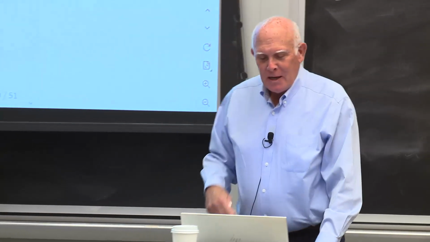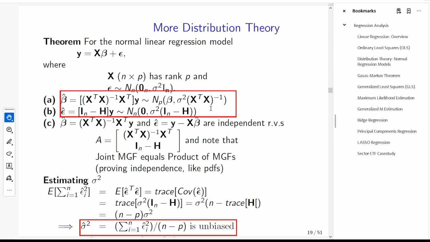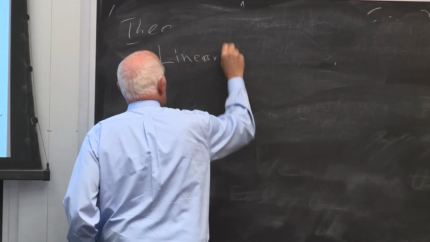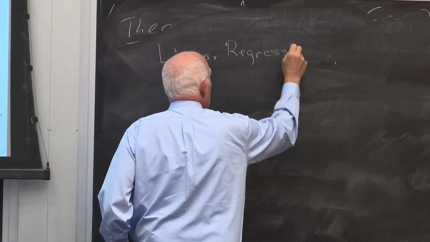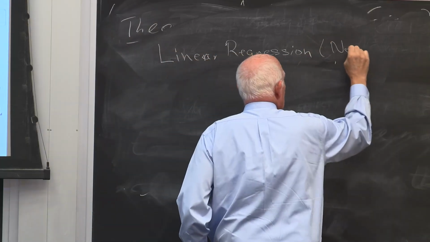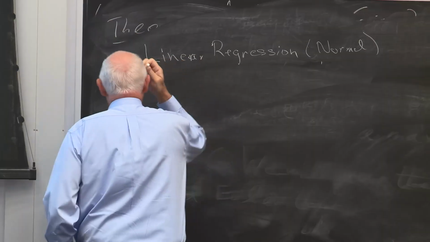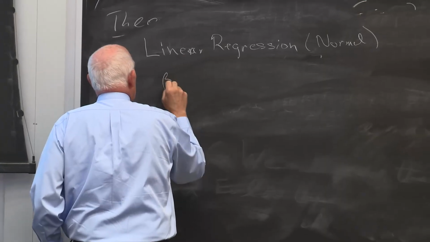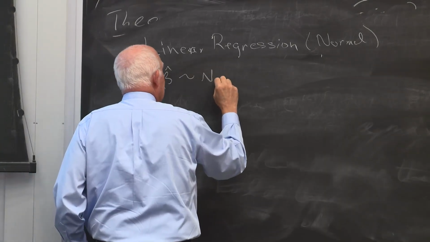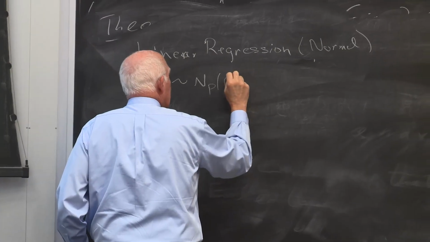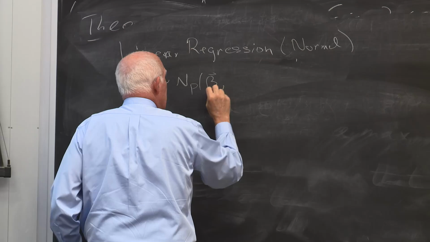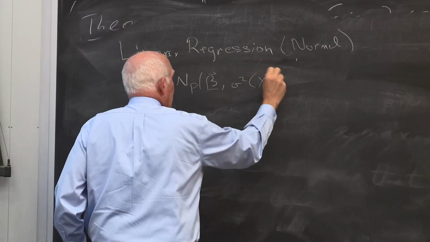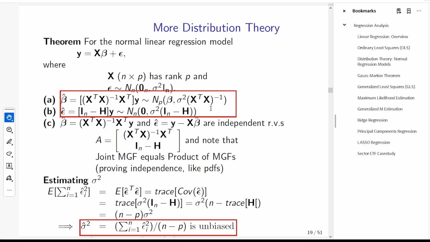And so to begin, there's a recap, which is the theory for linear regression. In particular, if we have a normal linear regression model, then we have these properties of beta hat being distributed as a multinormal random variable with mean the true regression parameter, and covariance matrix given by x transpose x inverse multiplied by sigma squared.